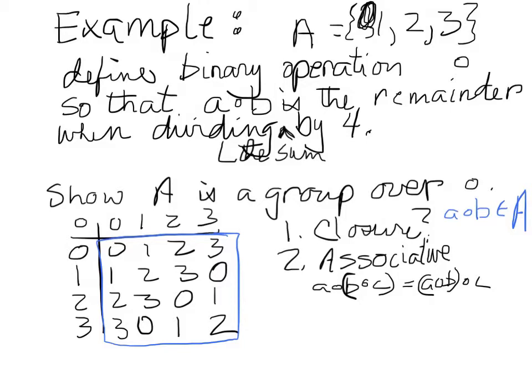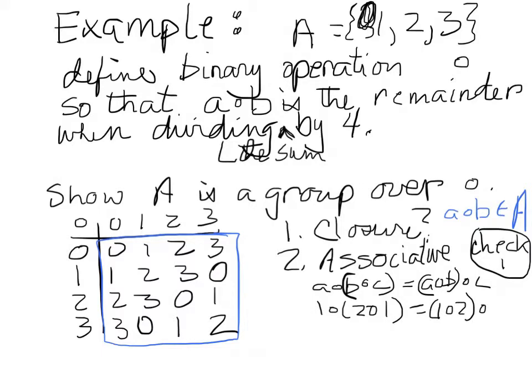Now there's a lot there, so my suggestion is you check 1, so pick a combination, for instance like 1 operated on 2 operated on 1, and then set that equal to 1 operated on 2 operated on 1. So pick some combination and try it out.